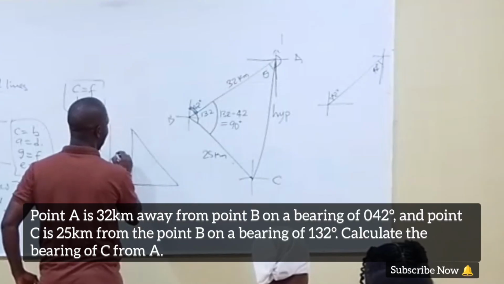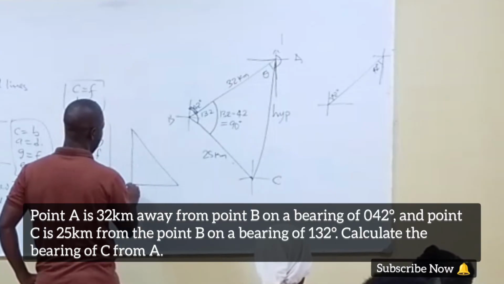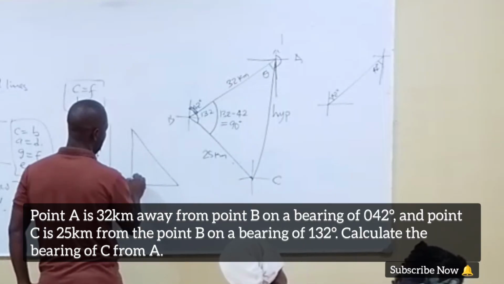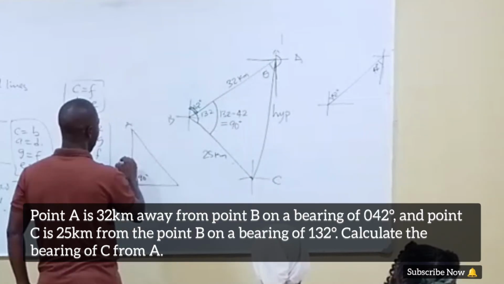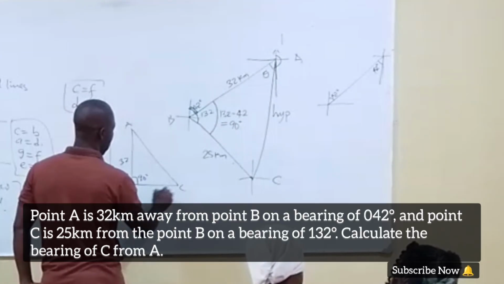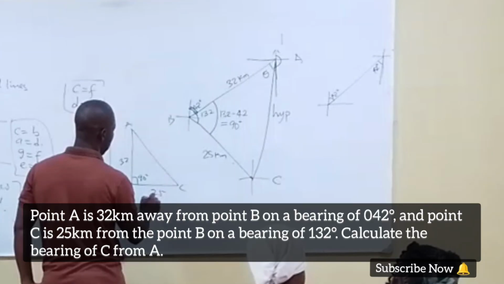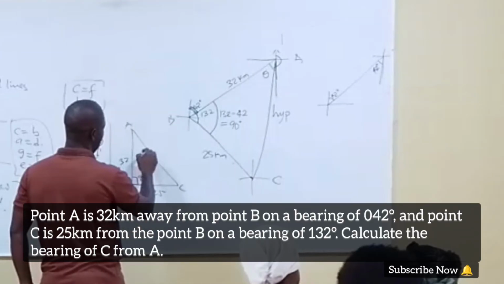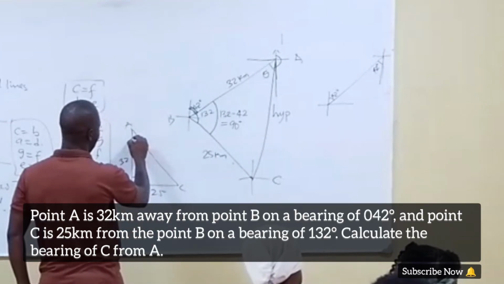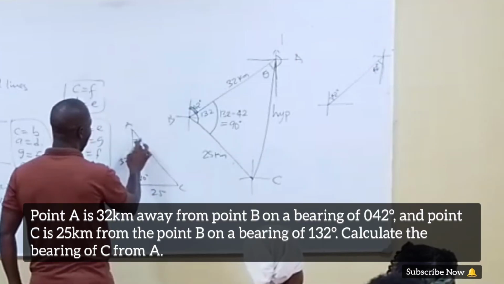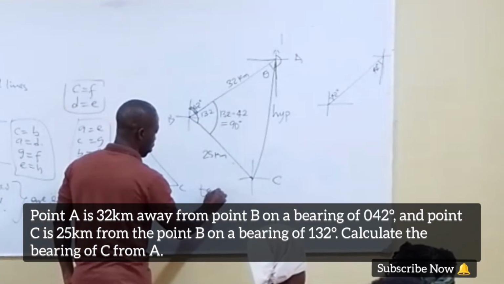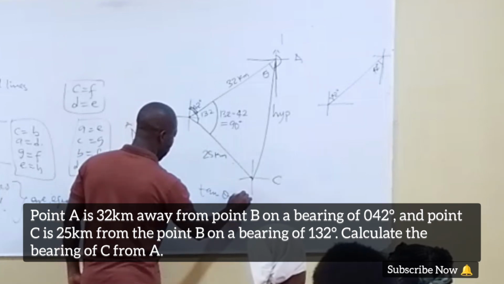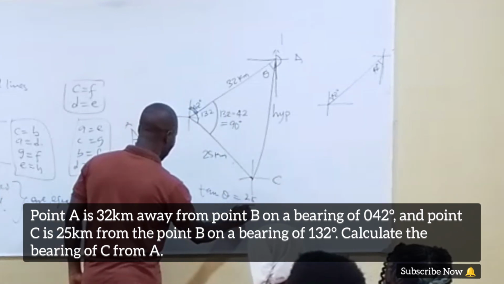This side is B, because B is the 90 degrees, and this is A. BA is 32 kilometers, BC is 25 kilometers. Our angle is at A, so tan theta equals opposite over adjacent, 25 over 32.